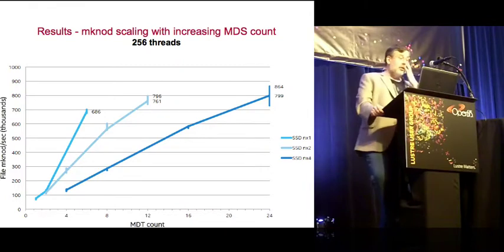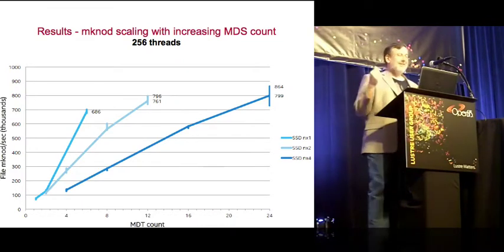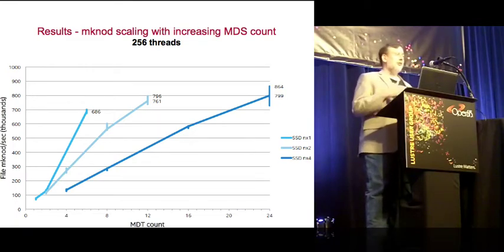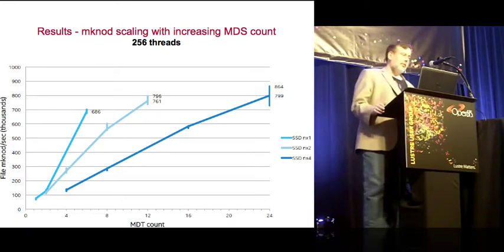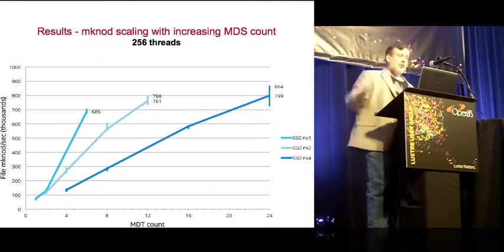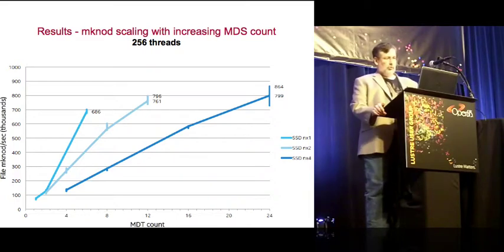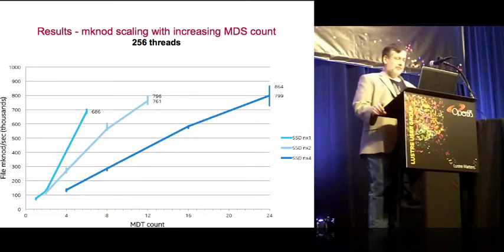So as you can see, this is the variance as you add MDTs to each MDS. The maxes increase with the MDT count, but each point shows you the MDS count.